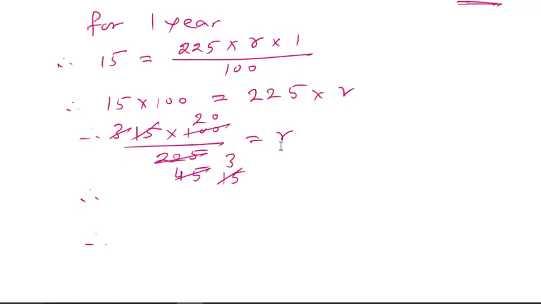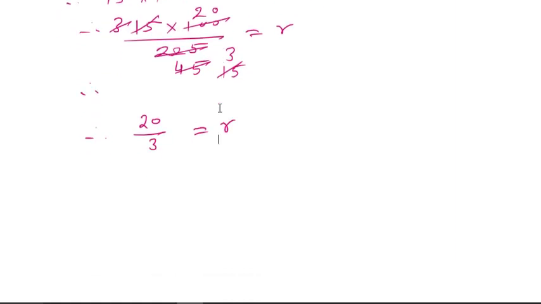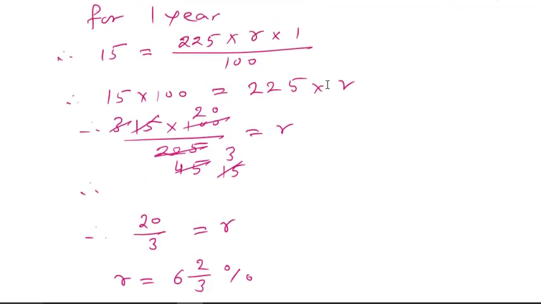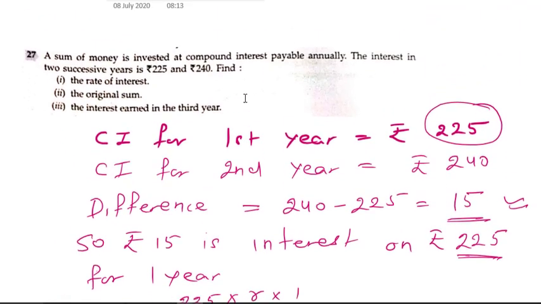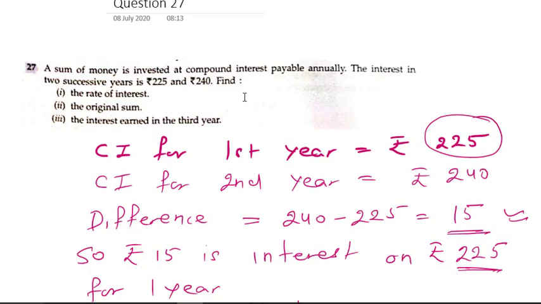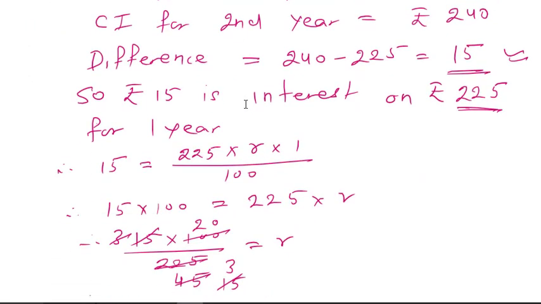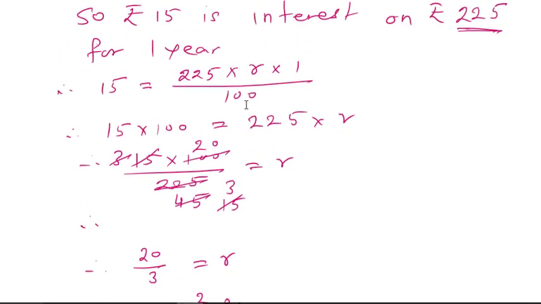So 20 upon 3 is the rate of interest. If we simplify, the rate of interest R is equal to 6 2 upon 3%. So 6 2 upon 3% is the rate of interest for this particular sum.